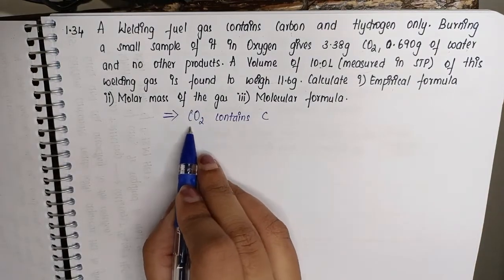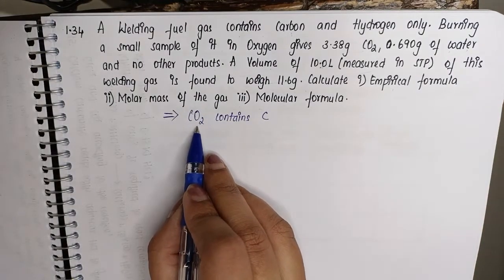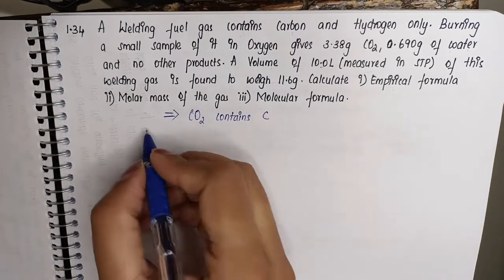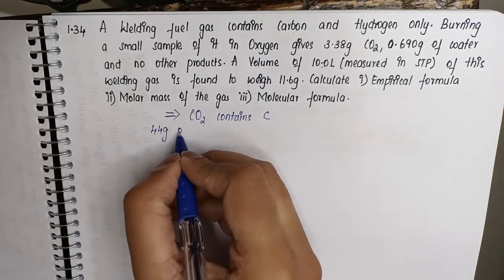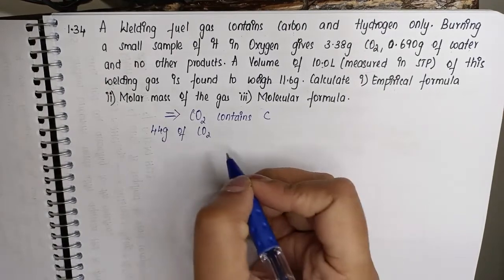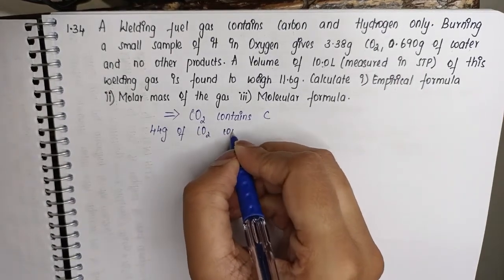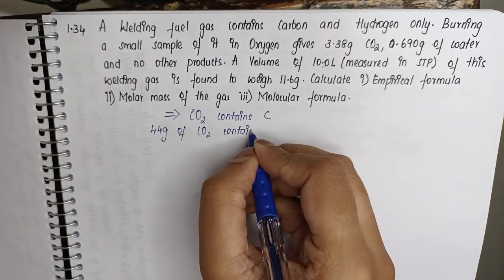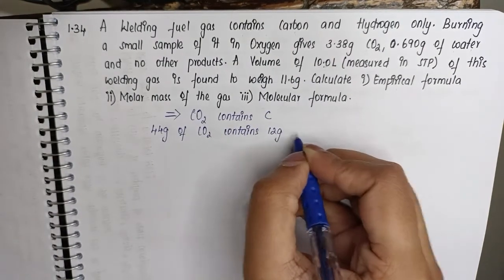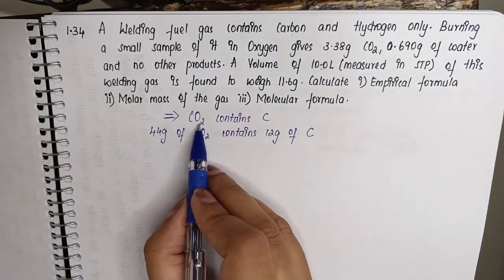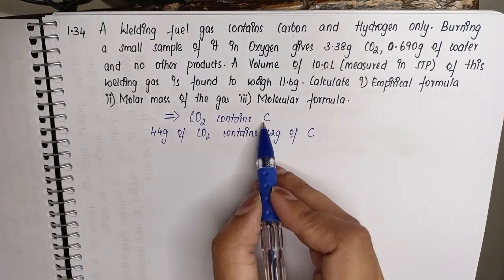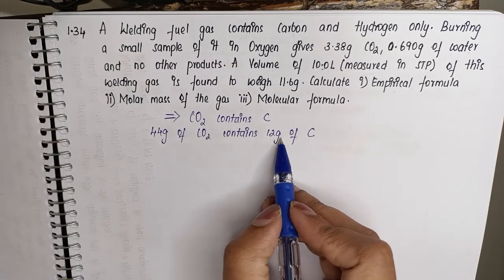Now, if you calculate the molecular mass of carbon dioxide, it is going to be 44. So 44 grams of CO2 contains 12 grams of carbon. 44 grams is 1 mole of carbon dioxide. Similarly, in carbon you have 12 grams.